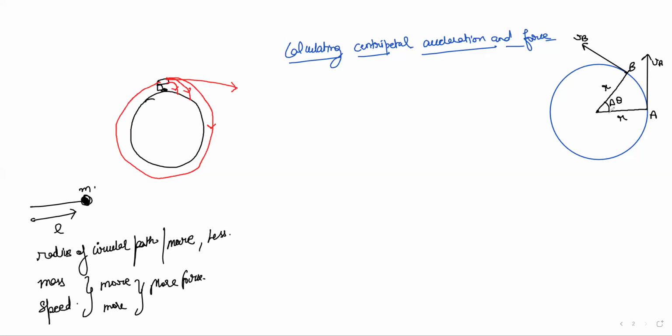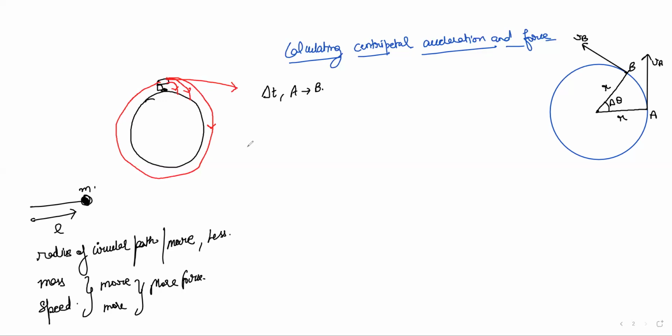Now in this expression, when the object reaches from A to B, the object takes time delta t. In delta t time, the object reaches from A to B, right? If you remember, we have defined angle in radians, right?